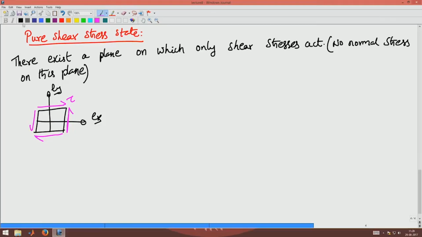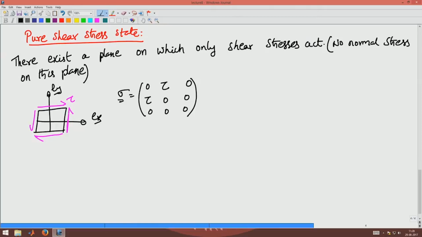If I write it in the matrix form, this sigma would be 0 tau, tau 0, with the rest 0, because the shear stress is the sigma xy or yx stress.